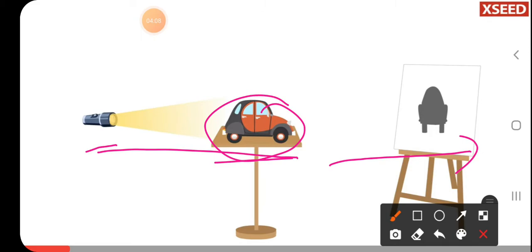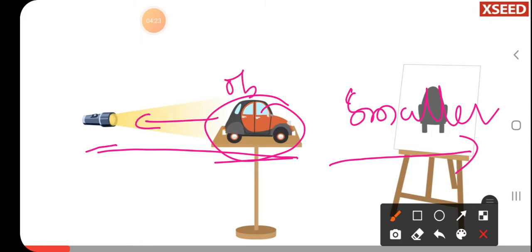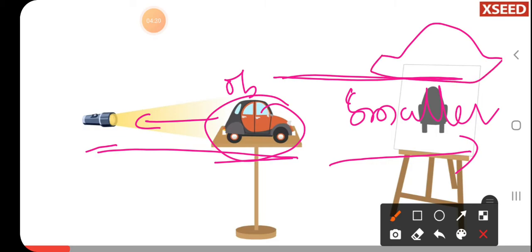screen, then the shadow that is formed is smaller. If the distance between the light source and the object is very close, meaning the object is present here, then the distance to the screen is increasing, and it gives a bigger shadow.